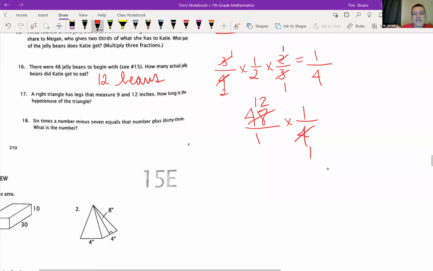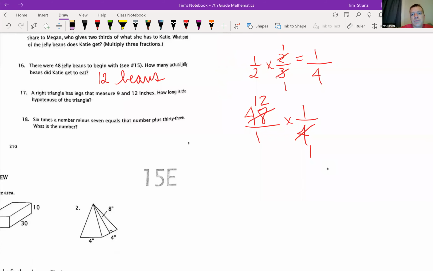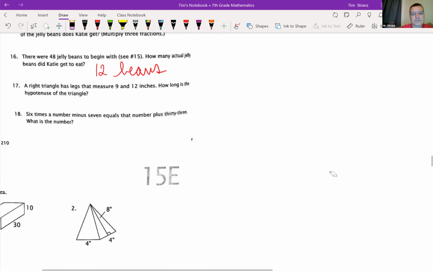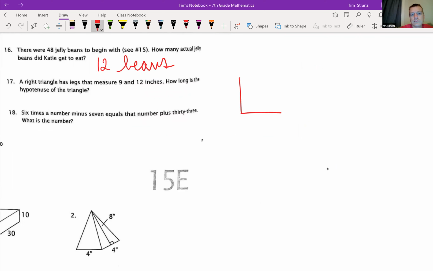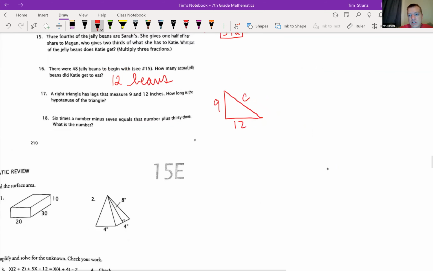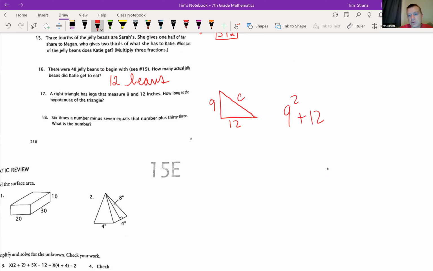All right, number 17 is taking us back to the Pythagorean theorem. All right, so a right triangle has measurement of 9, 12, and we're looking for this. Okay, so remember, we need to do 9 squared plus 12 squared.